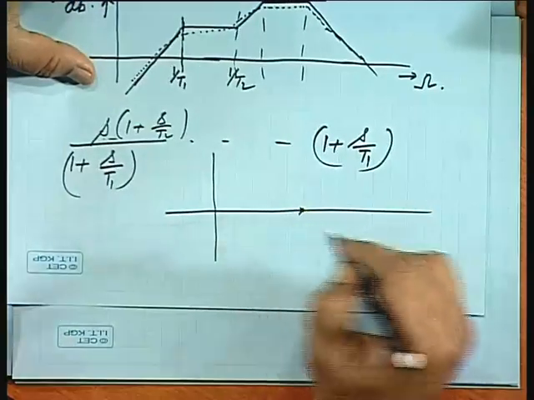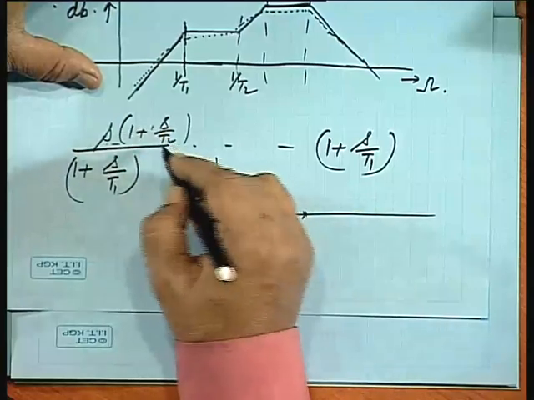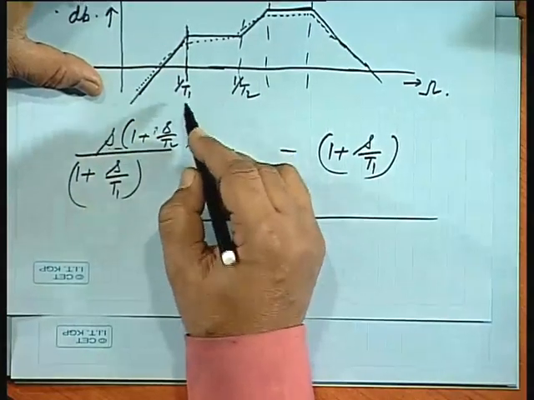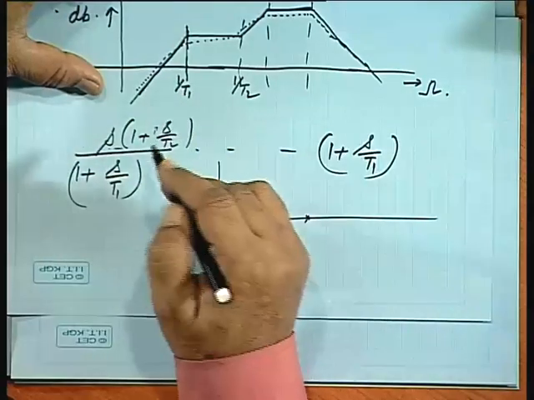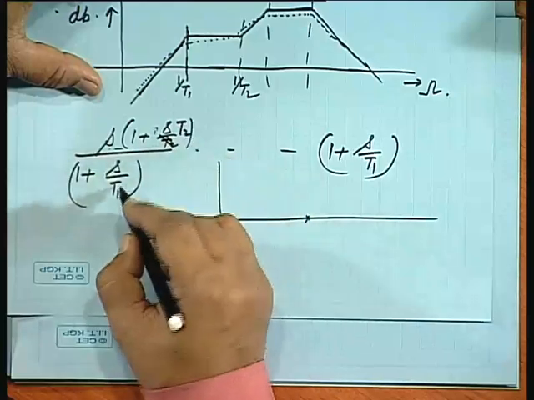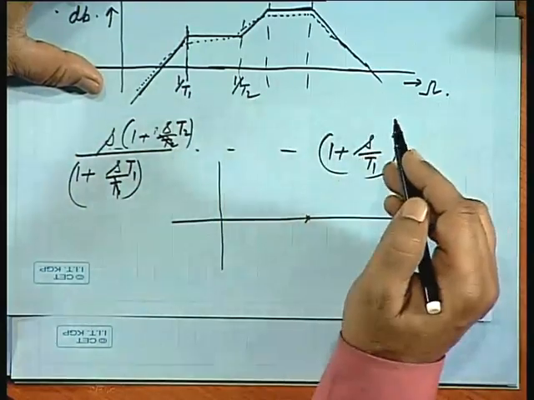At this frequency, I should have written T1 into S, dimensionally it should have been T1 into S, T2 into S. I am extremely sorry. So, 1 by T1, 1 by T2, these are the corresponding frequencies.